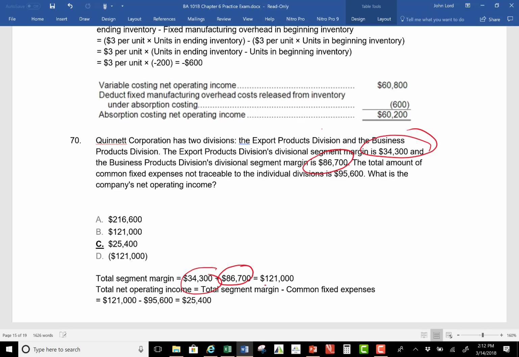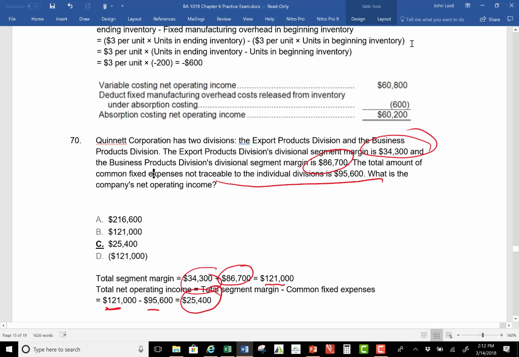That's the overall segment margin. Overall segment margin minus the non-traceable common cost gives me the overall profitability of the company. Okay, good.